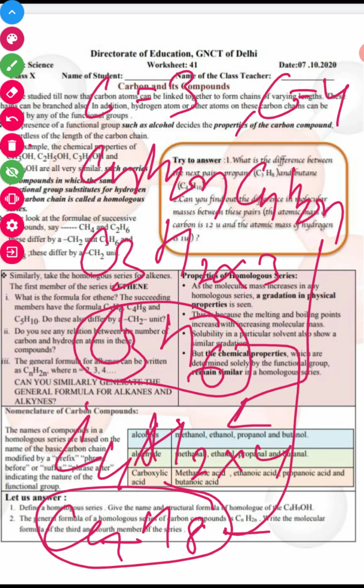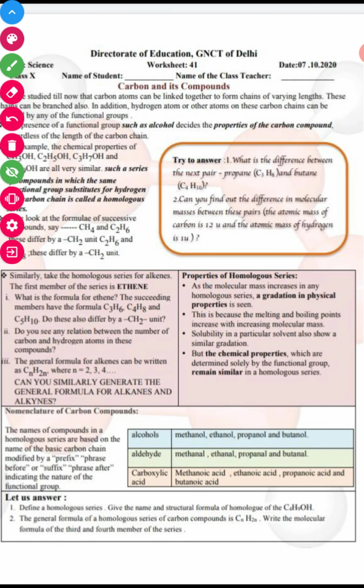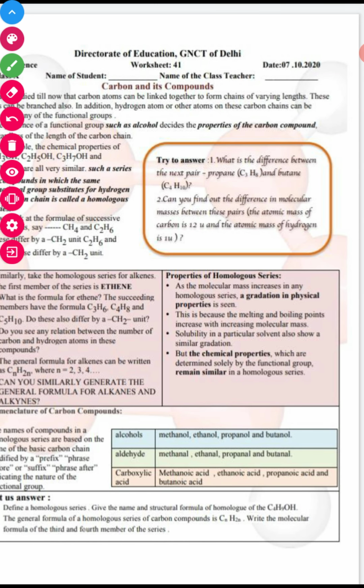Again, the difference between these two is the same. We have already found the molecular formulas: C3H6 and C4H8.